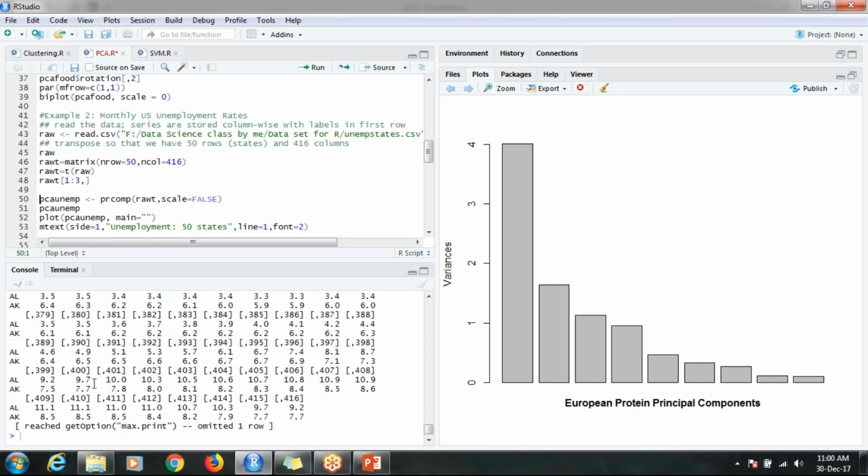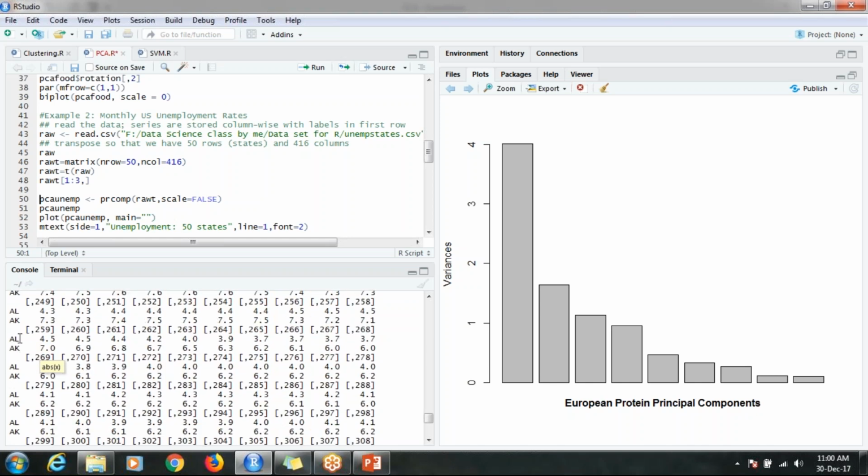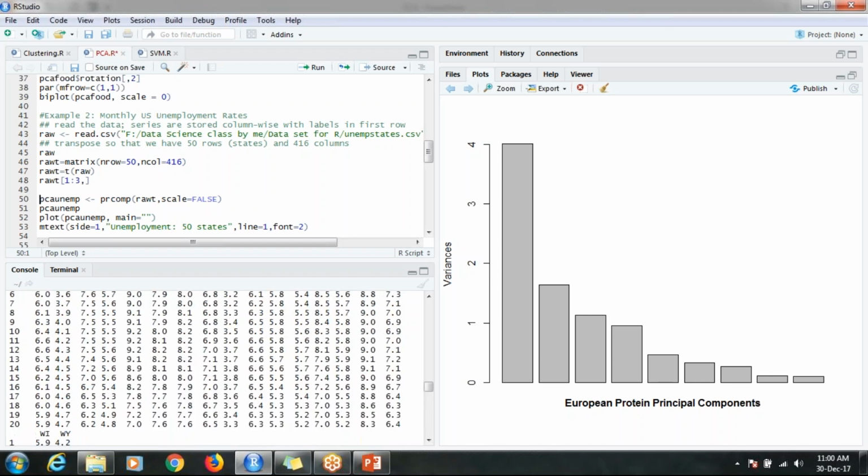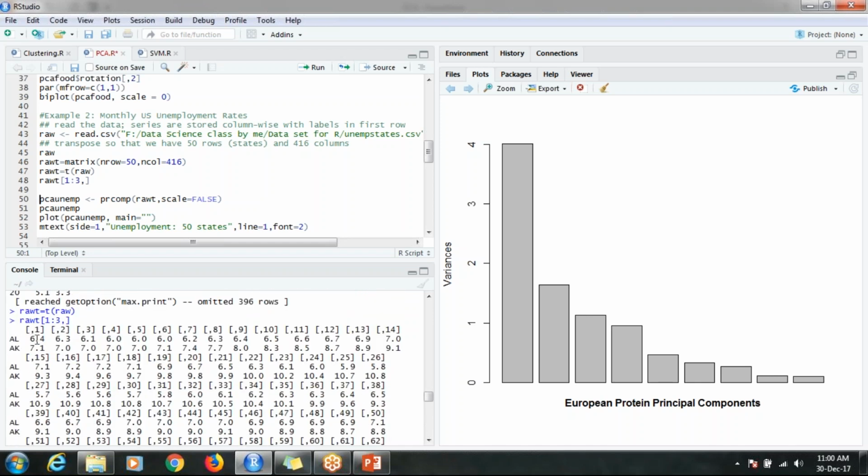After making the transpose, I have all my state names in the row names as well. These are my row names, not a column. For the row corresponding to AL, I have mentioned my unemployment rate. For the first month, this was my rate, and so on. This goes on in a row after the transpose.